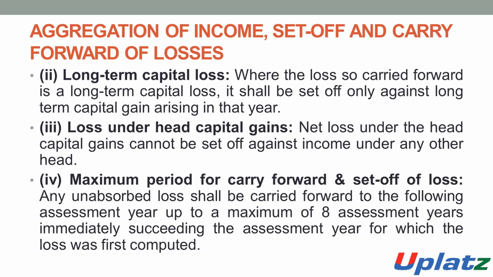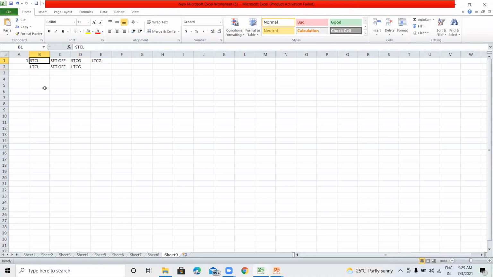Number two, long-term capital loss. If there is any long-term capital loss, then we can adjust or set it off only against the long-term capital gain. That is, if there is a short-term capital loss, we can set it off against short-term capital gain and long-term capital gain.